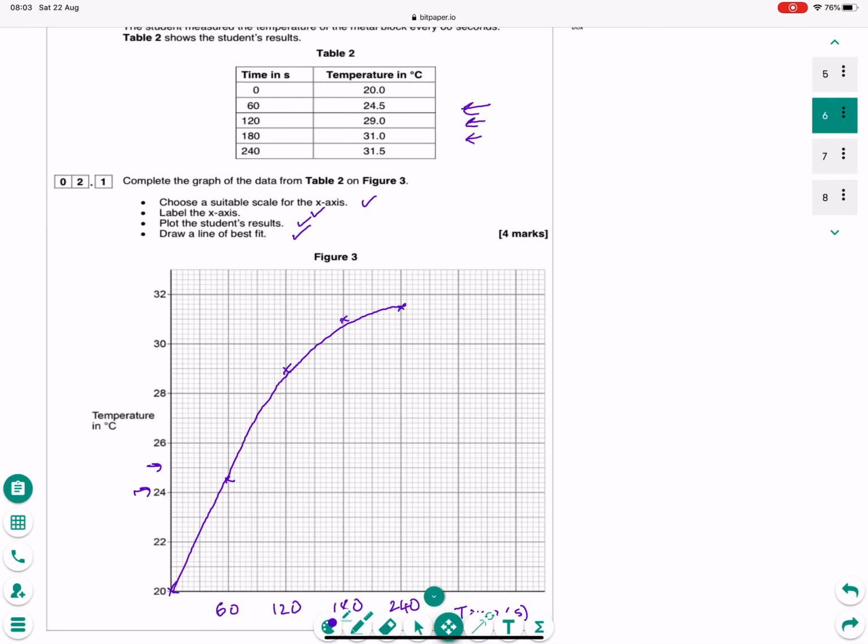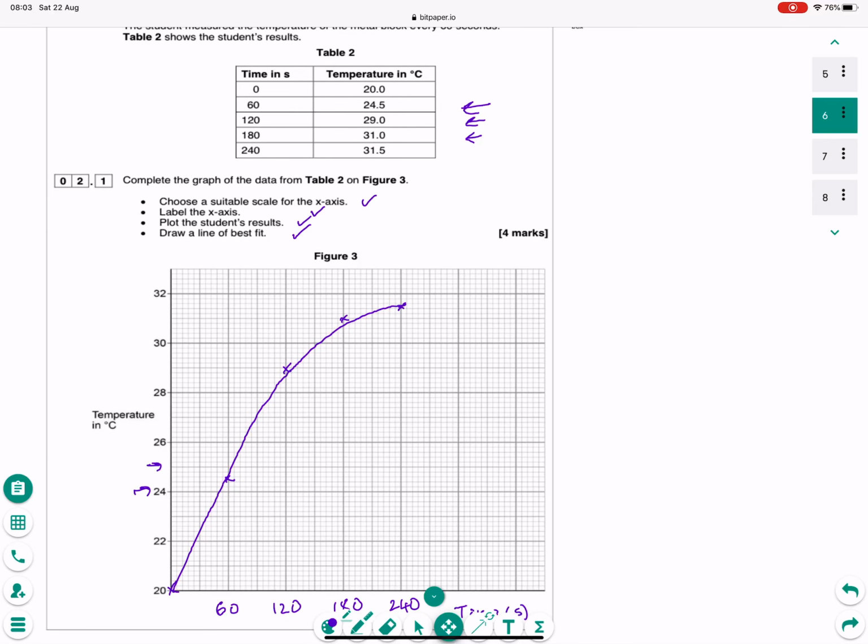So this is this bit of data here, which is 24, sorry about that, it's not a very straight line, 24.5. Although be careful, because we got 20, so we got the change in y.